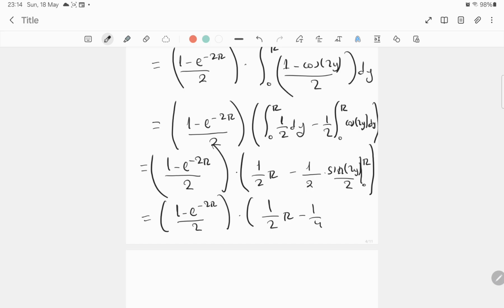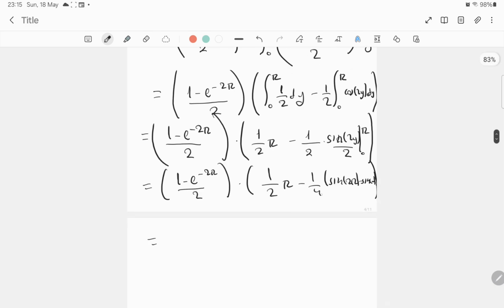Minus a quarter, sine 2 pi minus sine of 0. This term will vanish completely, and I will have (1 minus e to the minus 2 pi) over 2 times 1 over 2 times pi.